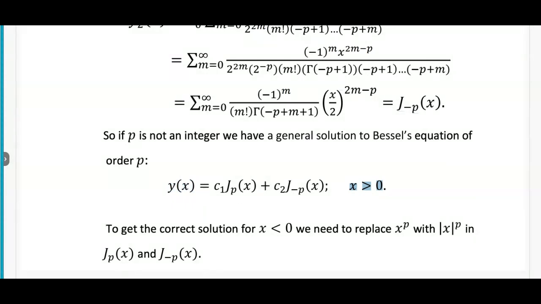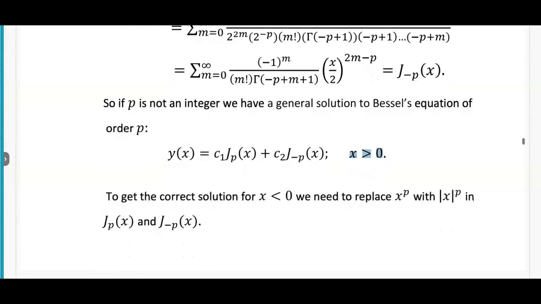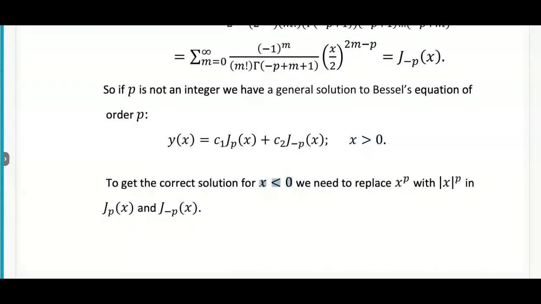X can be a fraction, x can be an integer. To get an answer for negative x, we need to replace x raised to p with the absolute value of x raised to p. So in the two cases, right?